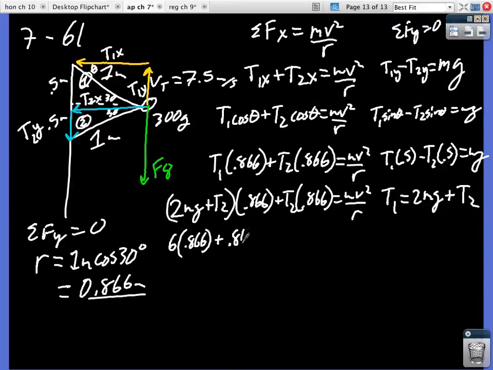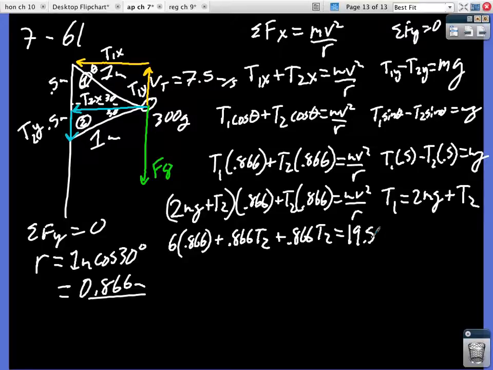So 0.866 T2 plus 0.866 T2 equals m, which is 0.3, times v squared over r, and this is 19.5.